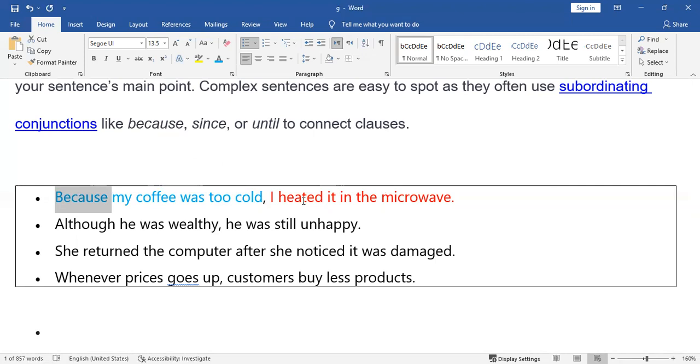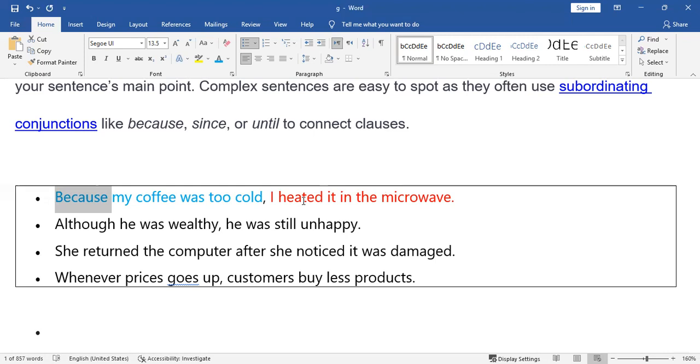So the answer is because my coffee was too cold. يبقى هنا it gives you information about the verb. Okay, it modifies the verb. Okay, so this is called an adverbial clause. يبقى الادverbial clause دي نوع من انواع dependent clauses.